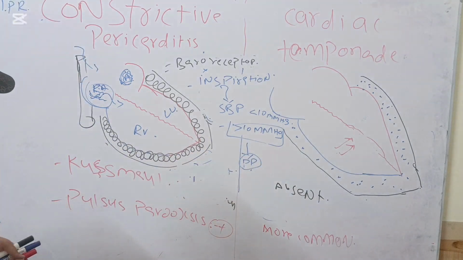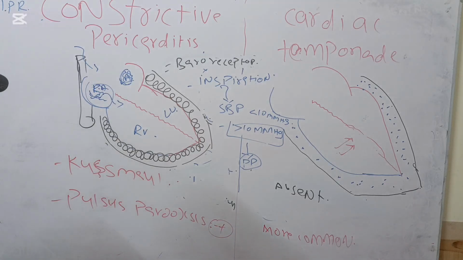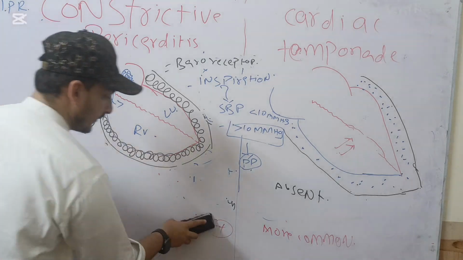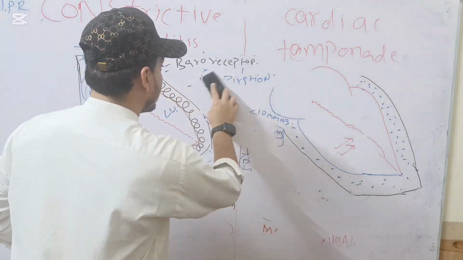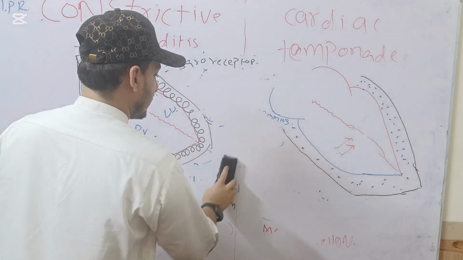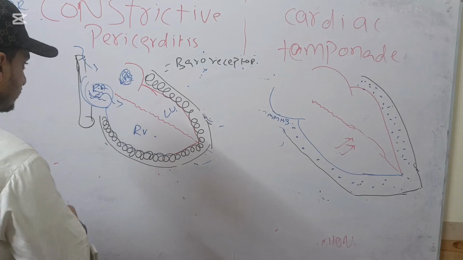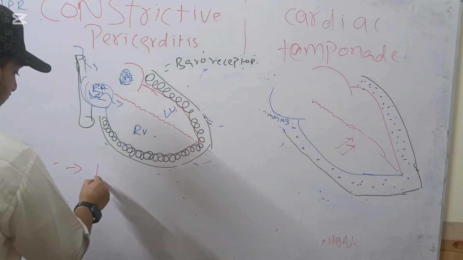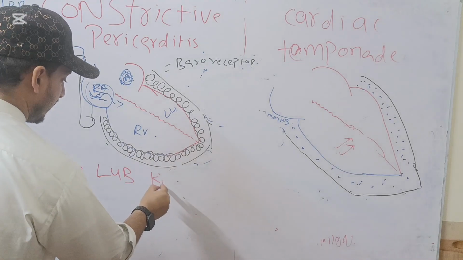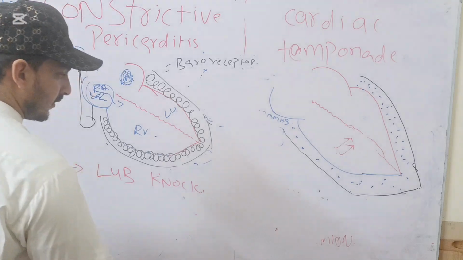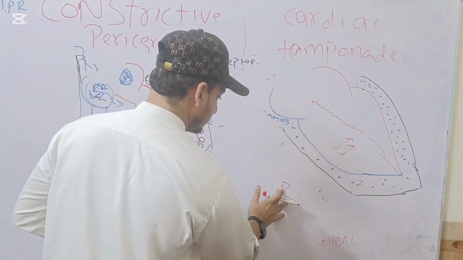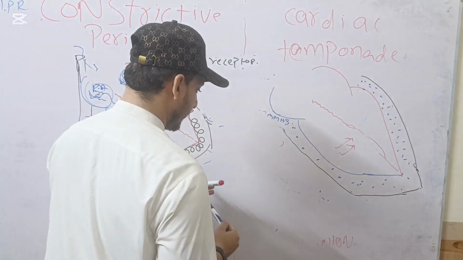There is another differentiation. In constrictive pericarditis there is a pericardial knock present, but here a friction rub is present.